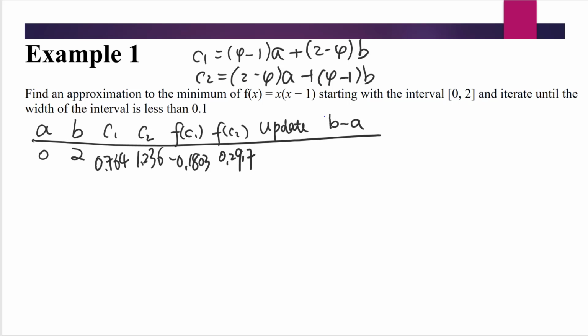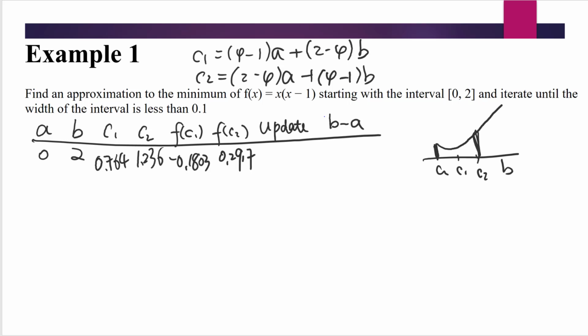So we have this A to B, C1, C2. You can see f(C1) is smaller than f(C2). So we are sure that the minimum is located from A to C2, right?